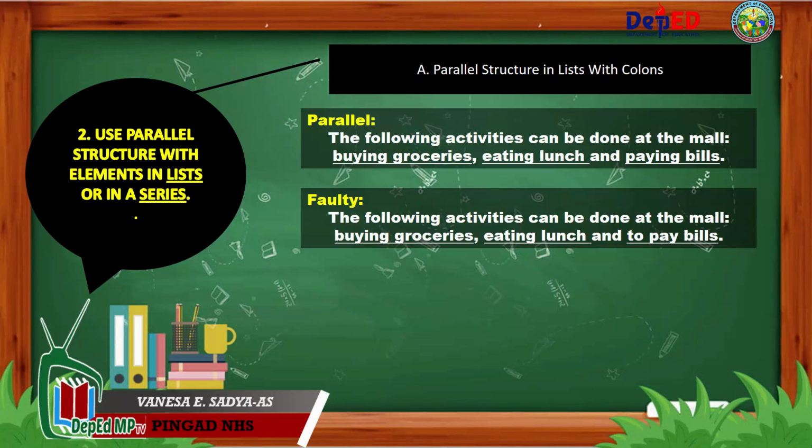In the parallel form, observe that buying, eating, and paying are all in a form of gerund. However, in the faulty statement, buying and eating is in a form of gerund. However, to pay is in a form of infinitive. So, it does not follow the structure of parallelism.